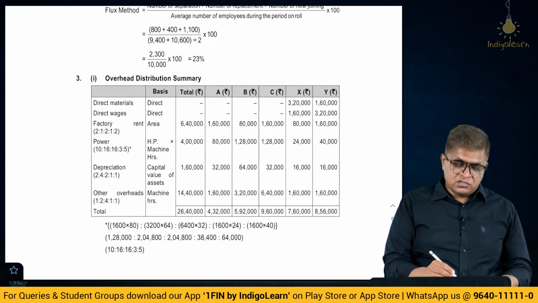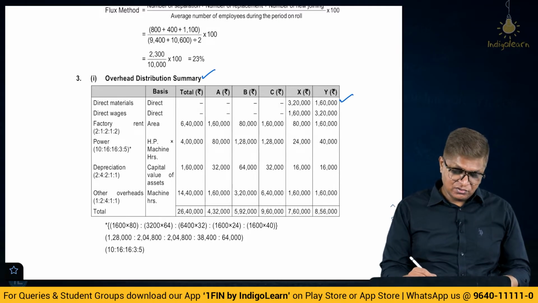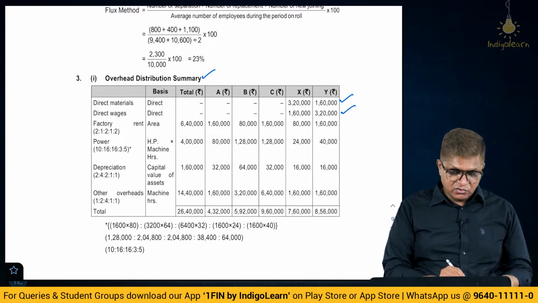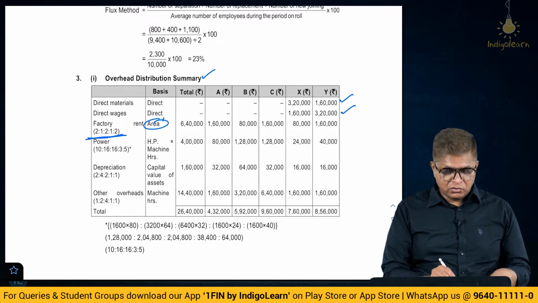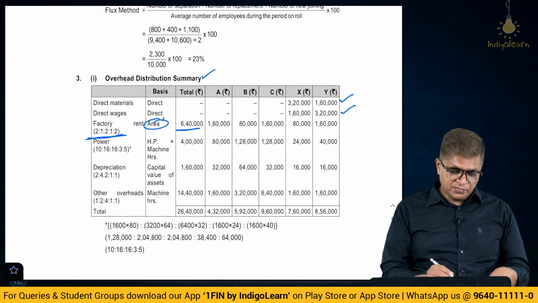So first things first, overhead distribution summary. So direct material goes directly, direct wages goes directly. As far as the factory rent is concerned, it is going in the proportion of area in square meters which they have given in the question. So that total of 640 is being distributed between the departments. Likewise power.